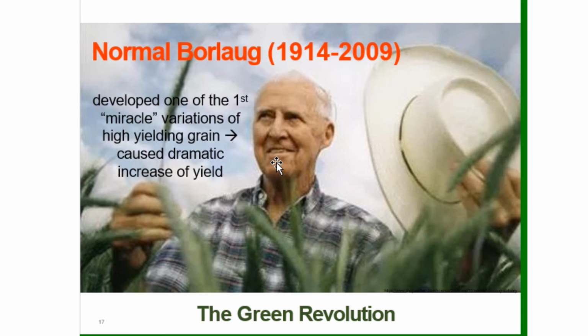Around the same period, the International Rice Research Institute in the Philippines, also known as IRRI, developed a dwarf rice strain that produced 3 or 4 times more than the other varieties at that time. This production of new types that caused a dramatic increase in yield was known as the Green Revolution, wherein we produced a tremendous amount and variety of grains.